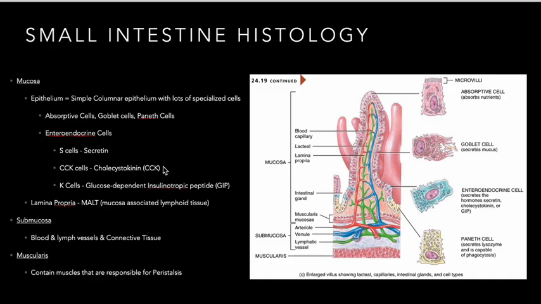Inside of there, we're also going to find something called MALT. We talked about this a little bit in the immune system. This is our mucosal associated lymphoid tissue. As you can imagine, anything you bring in from the outside to the inside of the body can have a lot of germs on it. We have a lot of ways to combat those germs. We saw some enzymes in the mouth. We looked at the acid in the stomach.